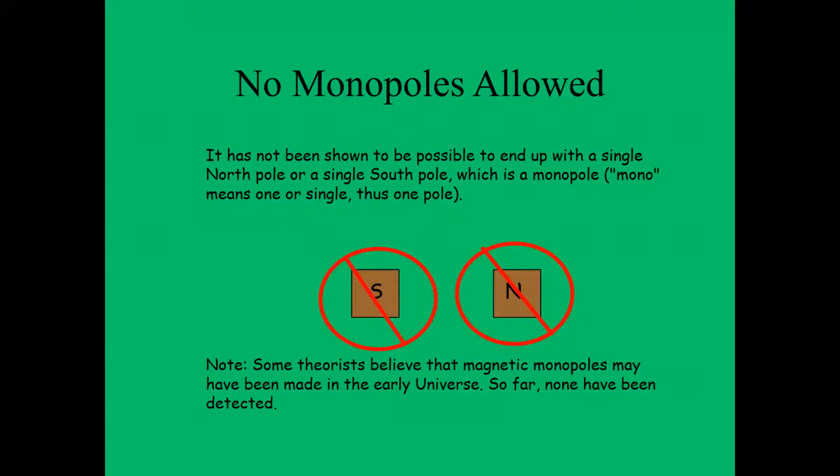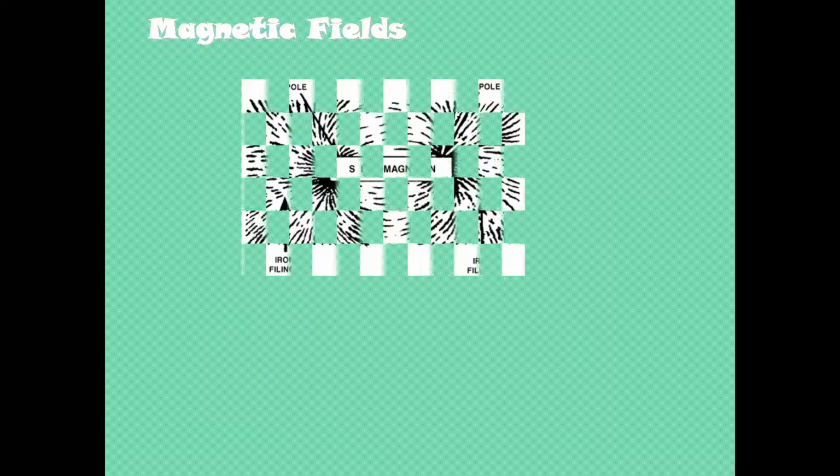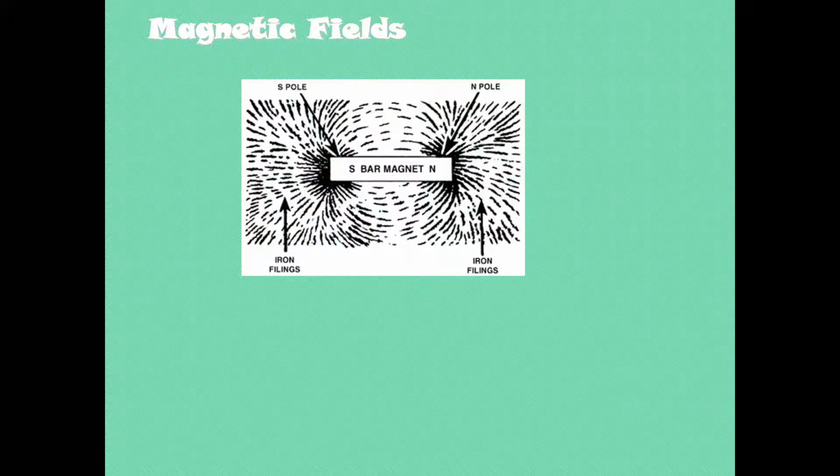If we break a magnet having two poles, each of the two parts will have two poles. Some theorists believe that magnetic monopoles may have been made in the early universe. So far, none have been detected.